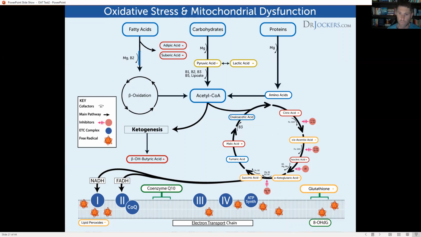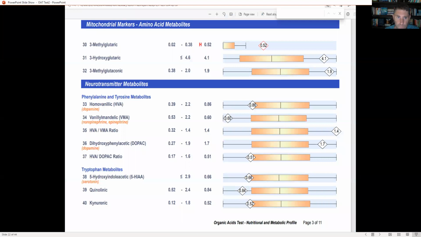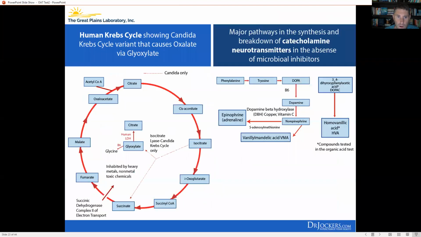So you'll see all of those, fumaric acid. So again, if those are elevated, they're spilling out of that, meaning they're not being converted. So you can see magnesium is key, B vitamins, B1, 2, 3, B6, all very important parts of this whole cycle right here. And so that's what we're looking at there.